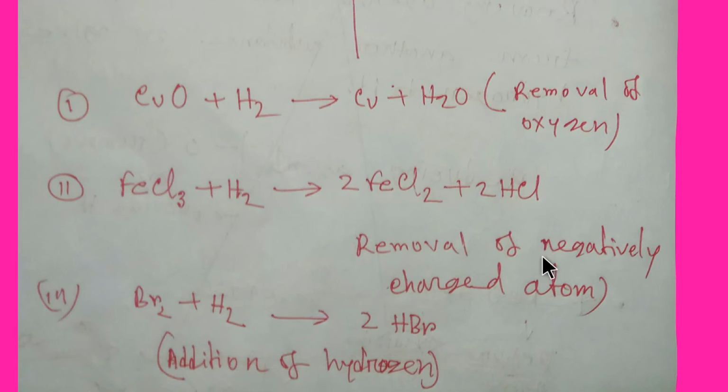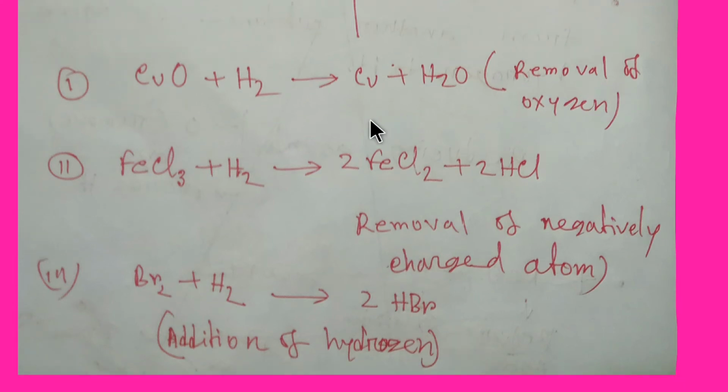Okay, removal of a negatively charged atom, right? Here chlorine is negative, and we see that here one chlorine is less, so we can see the removal of chlorine. So this is a reduction reaction, right?